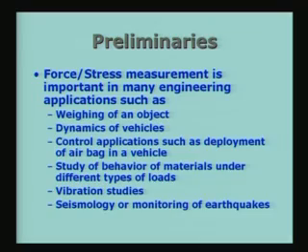So, there is a very important safety application where safety of the passengers in a vehicle is involved. Then we have study of behavior of materials under different types of loads.